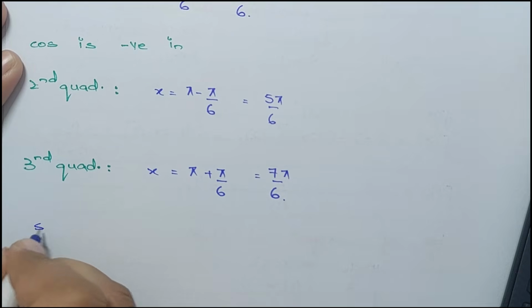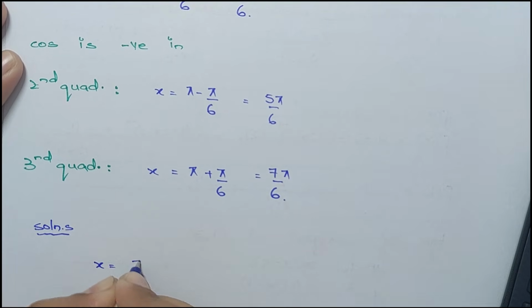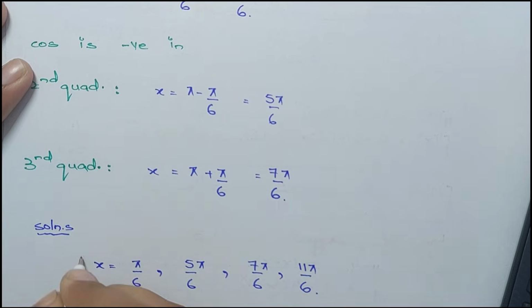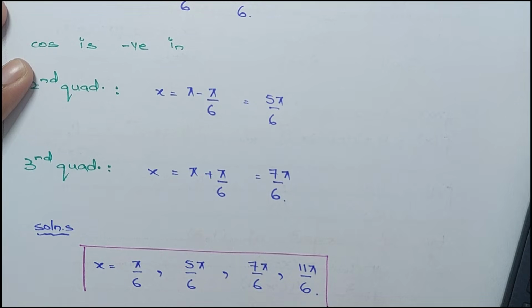So the solutions, we can write this down. x would be equal to pi by 6, and then the next one is 5 pi by 6, 7 pi by 6, in arranged form. You can also write them down as they are, that is okay. So these are the four required solutions which belong to 0 to 2 pi.